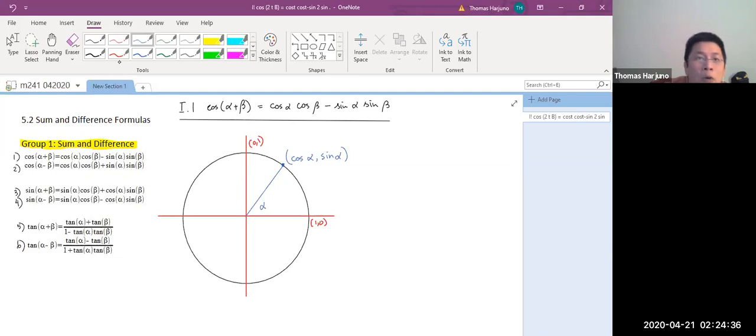Now we will do angle beta, negative beta to be more precise. Let me do it like this here. So this is angle negative beta.